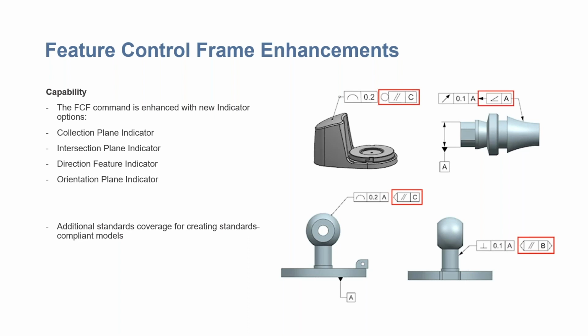Now, NX is not a magic button. You can't just press the button and everything gets feature control frames automatically. You actually have to know what's being applied with your GD&T. So you have to have some expert that looks over your shoulder, or you have to know what you're doing when you put in the feature control frames.